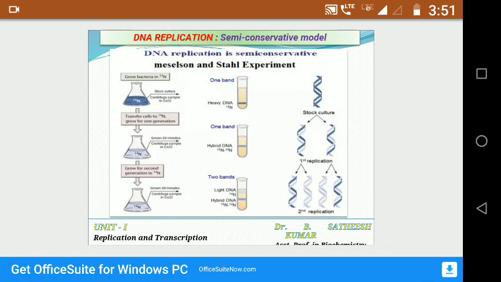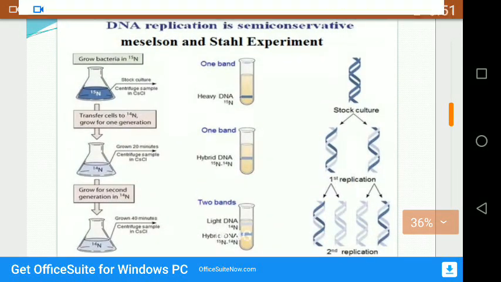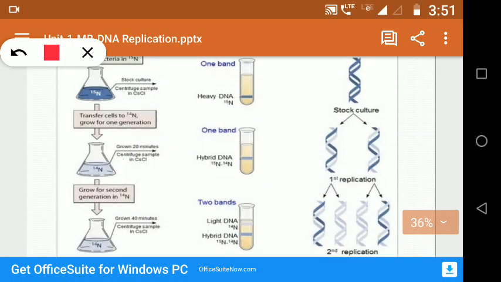So this is explained by one particular experiment known as the Meselson and Stahl experiment. In the Meselson and Stahl experiment, first of all, those scientists used E. coli cells, and they grew the E. coli cells in N15 heavy isotope containing nitrogen medium.